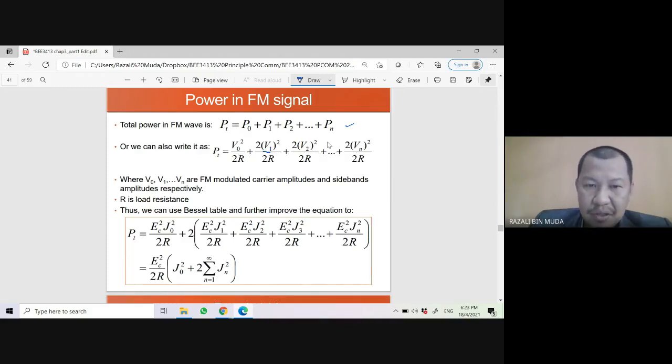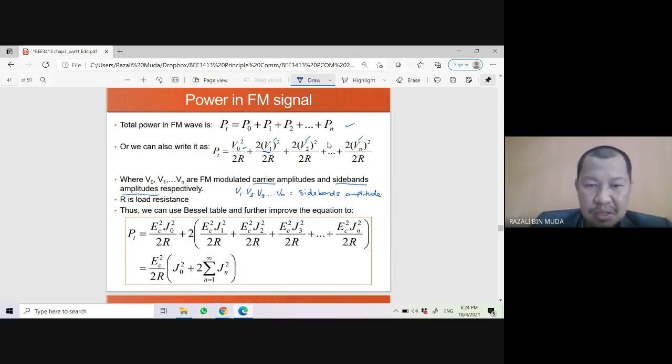So V1, V2, V3, Vn are the sideband amplitudes. V0 is the modulated carrier amplitude, the J0 from before.